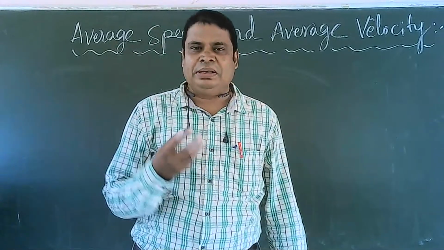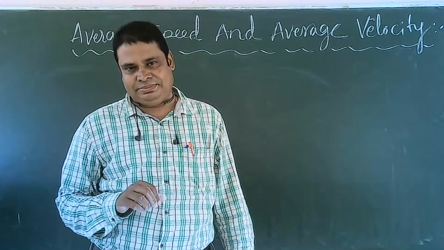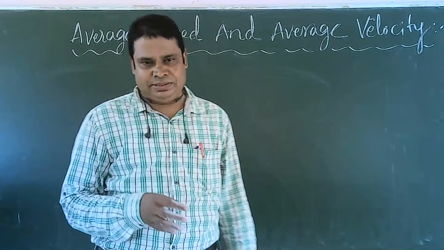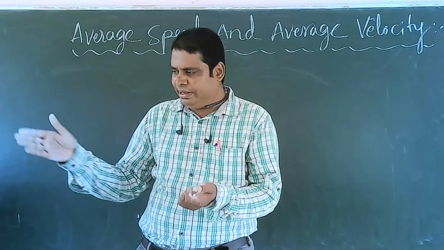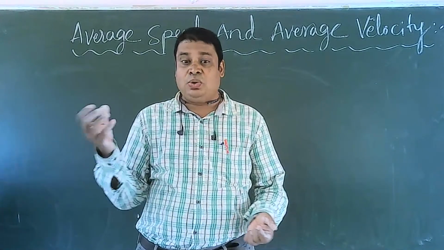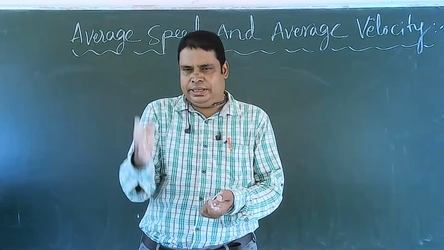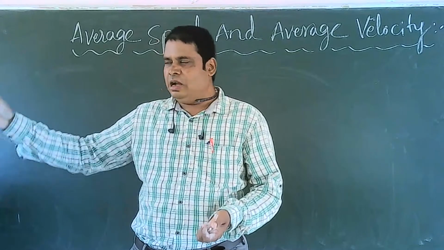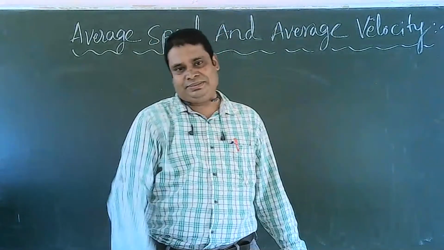In our day-to-day life, sometimes we require to calculate average values. What is average mathematically? In mathematics also we calculate average. Average means sum of all the quantities divided by the total number of quantities. Say A1 plus A2 plus A3 plus A4 plus A5 up to AN, divided by N, gives you the average.